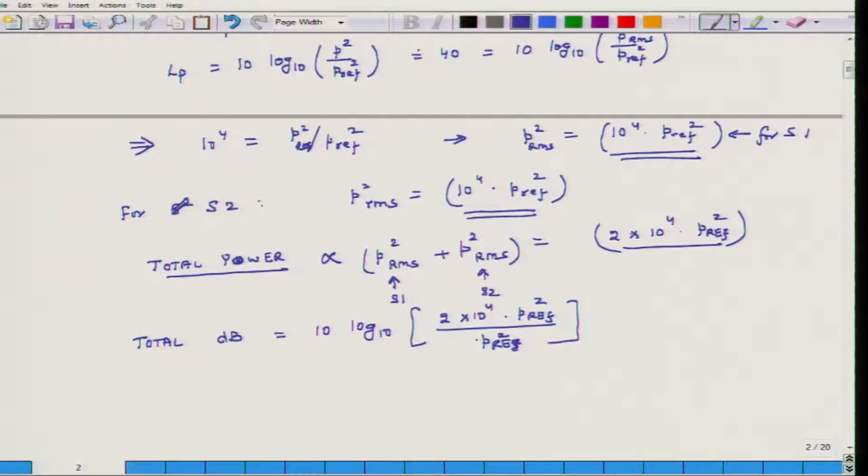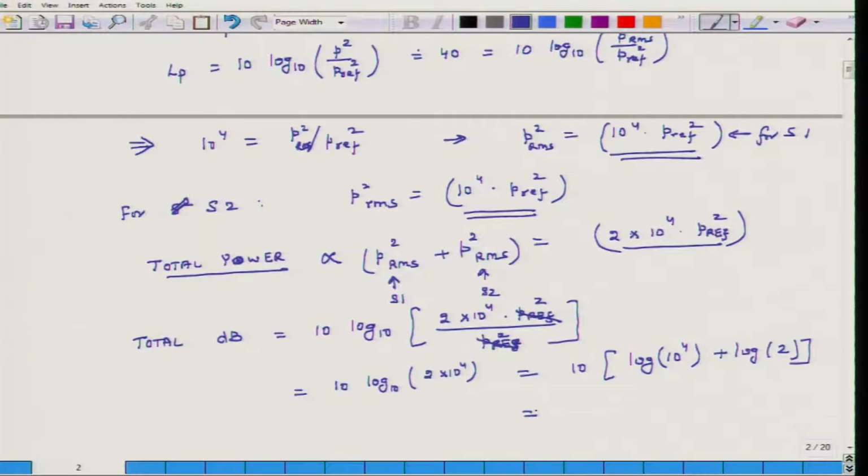Okay. So, these terms cancel out. What I am left with is 10 log10 of 2 into 10 to the power of 4, and that is equal to 10 times log of 10 to the power of 4 plus log of 2.